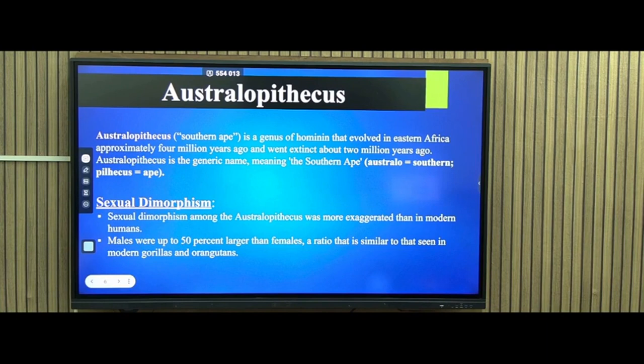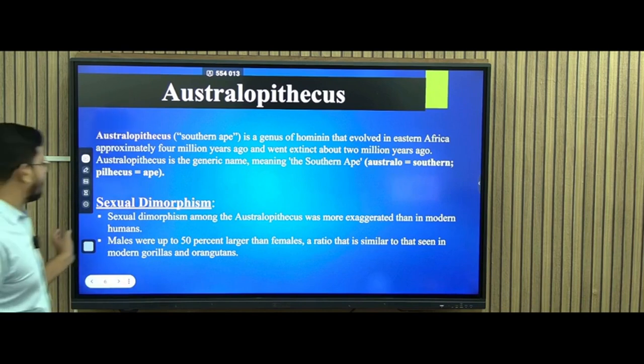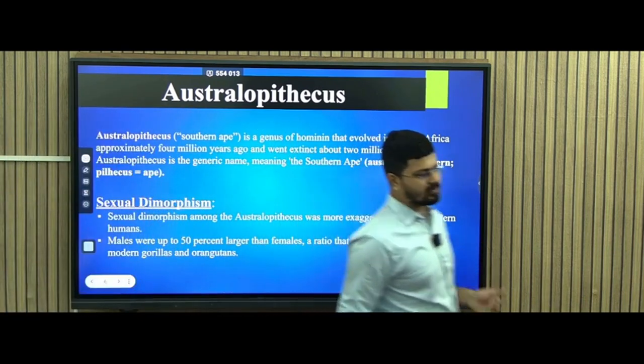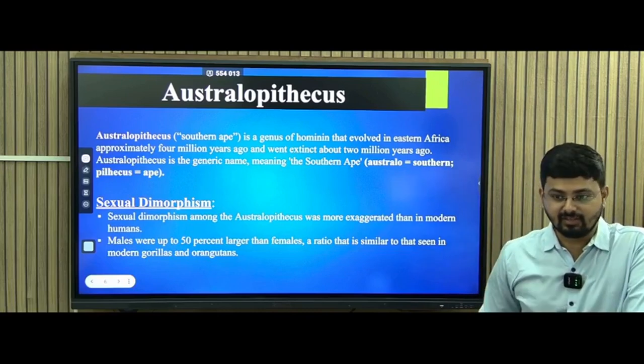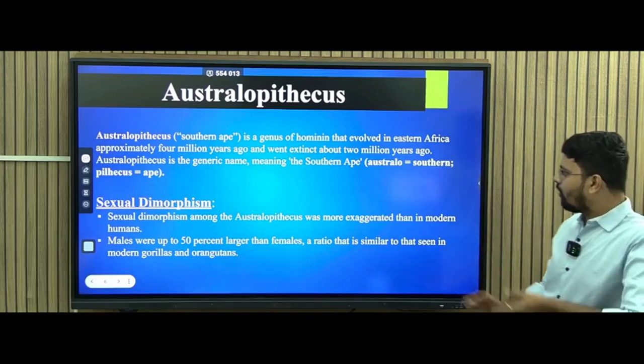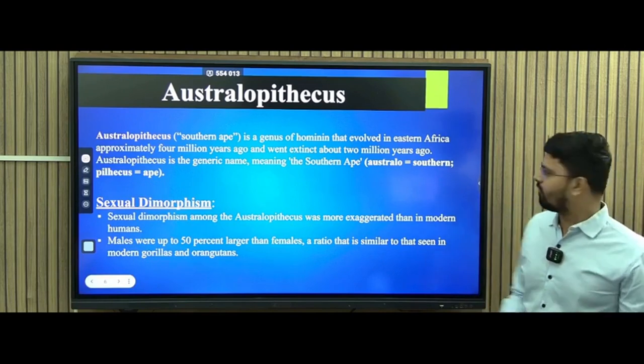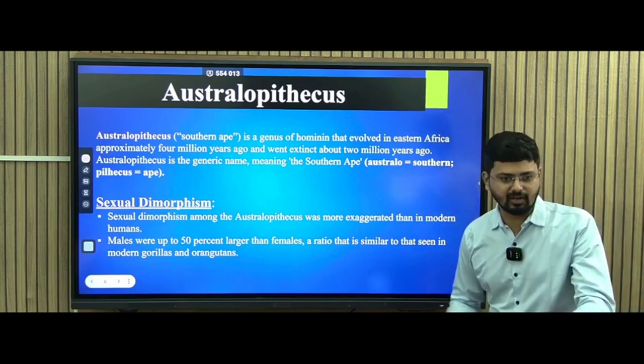So then they were clear that it is not a fossil of one species, rather it's a combination of many others. Initially they were not clear what exactly it is. But over a period of time, the generic name was given as southern ape.